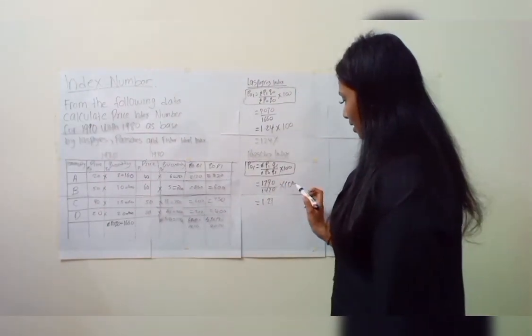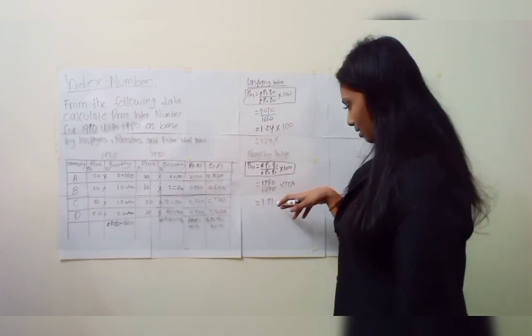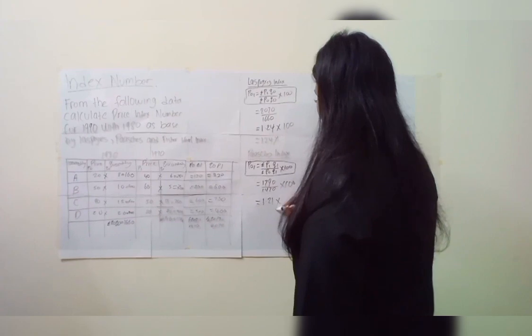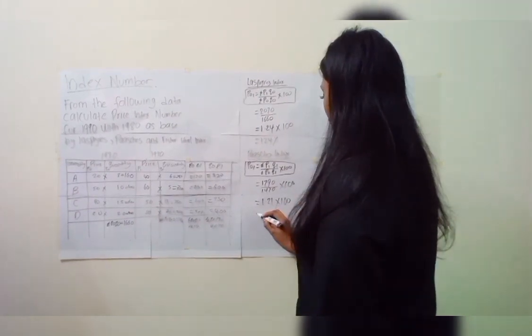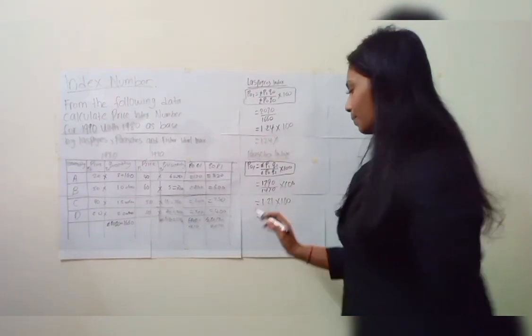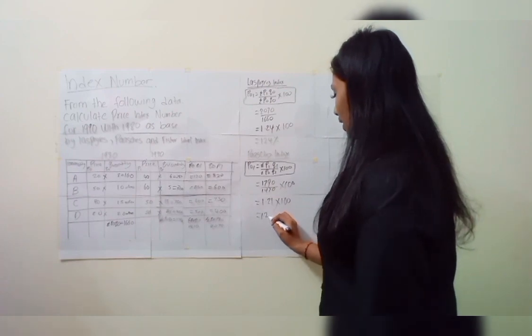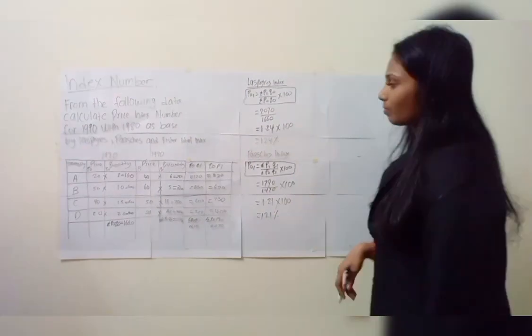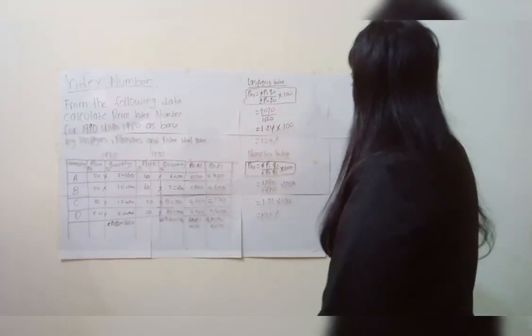When we calculate this, we get 1.21 and then we times with 100. So the answer is 121%. So easy, right?